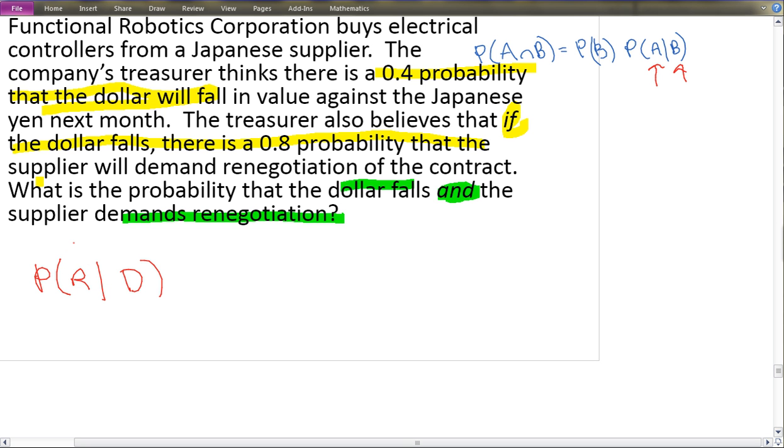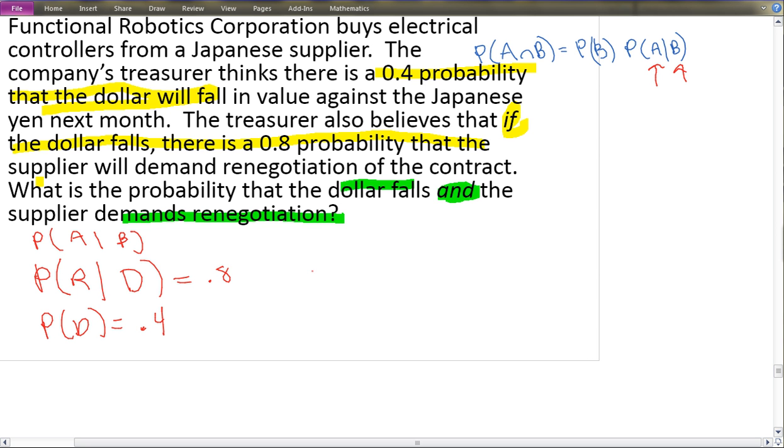Or if you want to match it up to the formula up top, that's the probability of A given B, which we said was equal to 0.8. Now the other thing we need is just the probability of B, or just the probability the dollar falls. That's equal to 0.4.